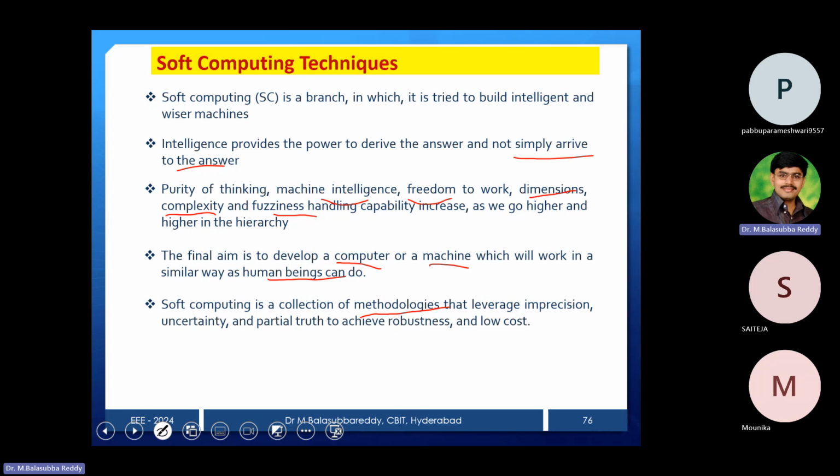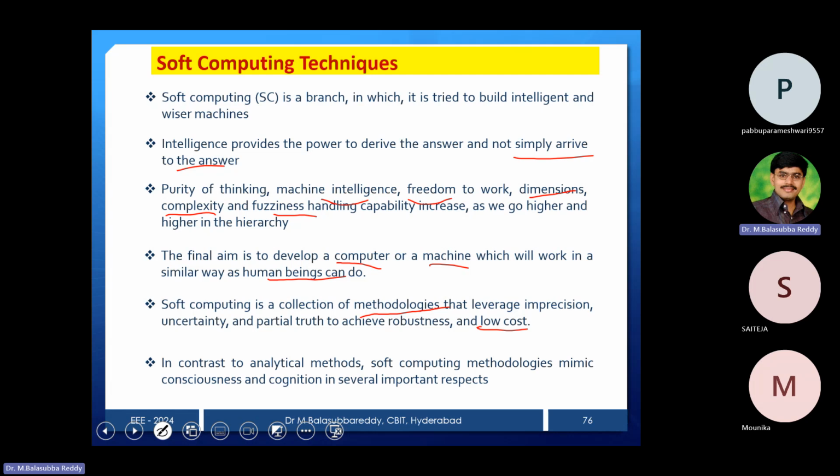So partial truth to achieve robustness and low cost. And one thing, while you are using the conventional methods, a lot of computation is required, and the accuracy will come straight away, and we cannot predict anything there. We get directly the results. So that is the major difference.